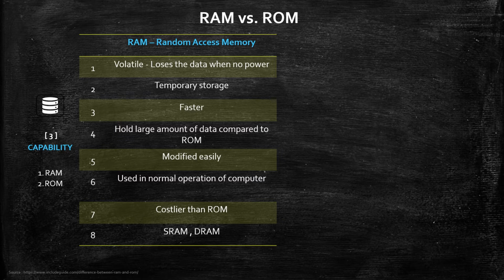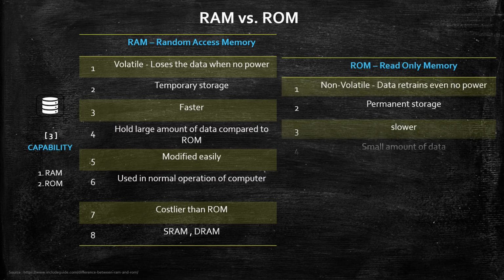This RAM is further classified into two types. First is the SRAM and the second is the DRAM. SRAM stands for static random access memory, and DRAM stands for dynamic random access memory.